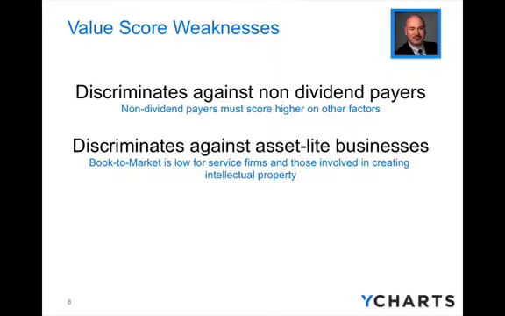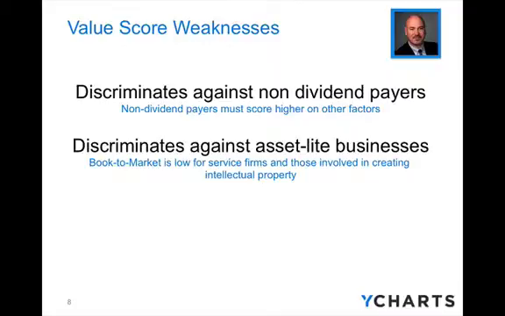Now, just because a company doesn't pay a dividend or it's an asset-light business does not necessarily mean that it won't score well on the value score. However, it means that these kinds of businesses simply have to score higher on each of the other 5 factors.